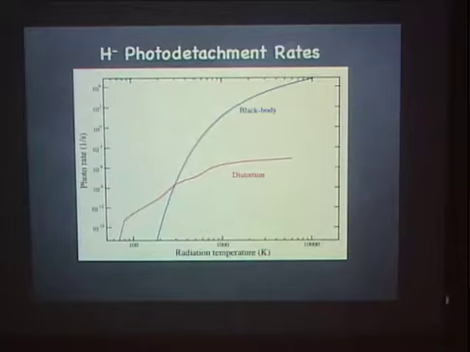So here's the photo rate for photodetachment of H- as a function of the radiation temperature, the temperature of the black body. The blue curve is the black body rate. You can see it falls off very rapidly, many orders of magnitude. Then if I take the distortion spectrum from that Wong et al., just using the Lyman alpha part, we calculate this rate due to distortion photons.